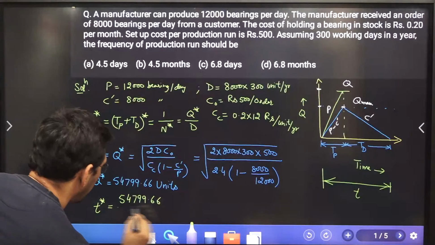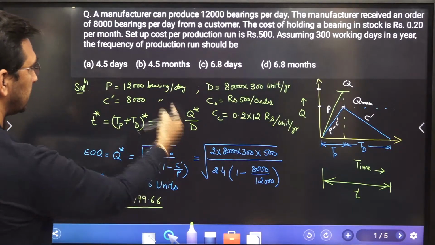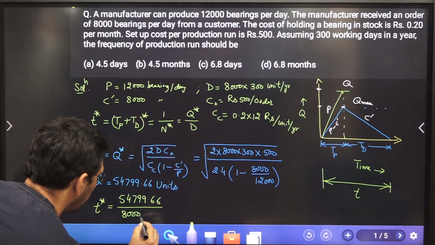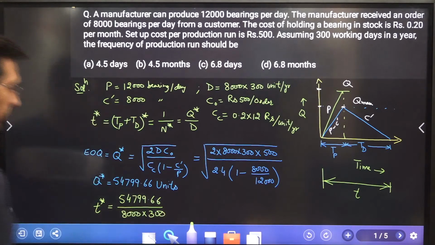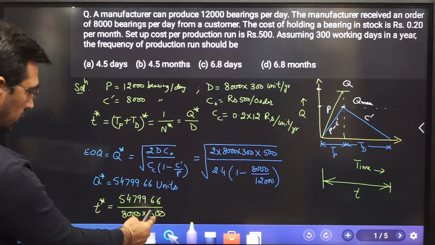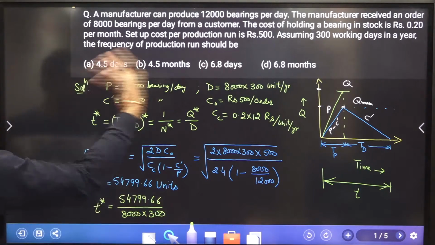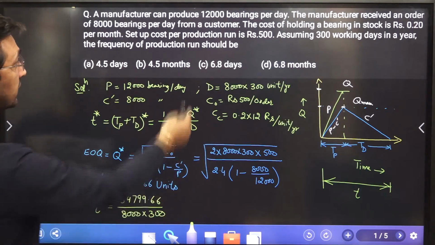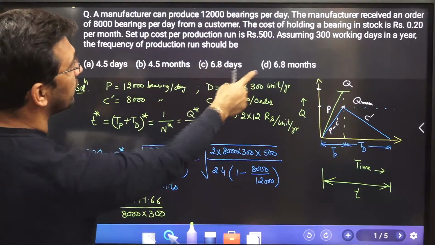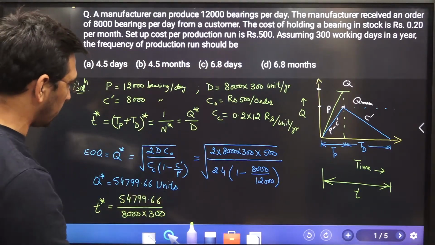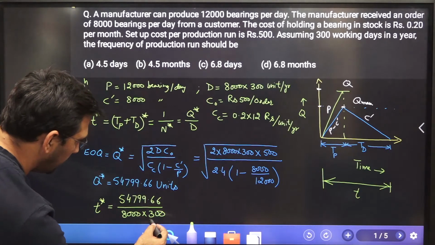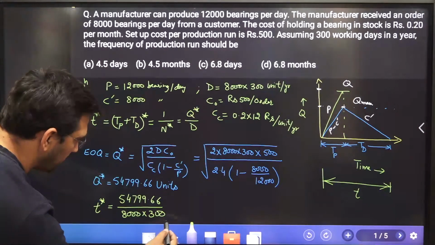79966 divided by demand. Since I have it in units, 8,000 into 300, this is in a year. So units per year. Either you convert it into units per month or units per day, because he's asking you to calculate. He has given you most of the information. So let me just convert it into day. I can convert it into day by dividing by 300, because this is annual.